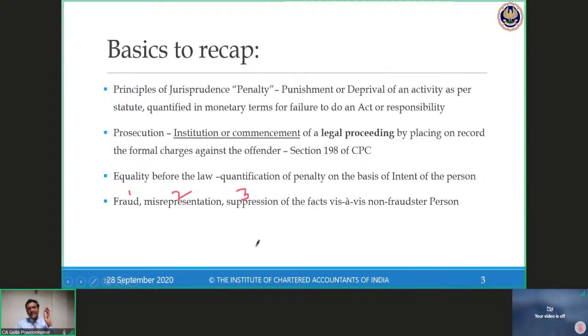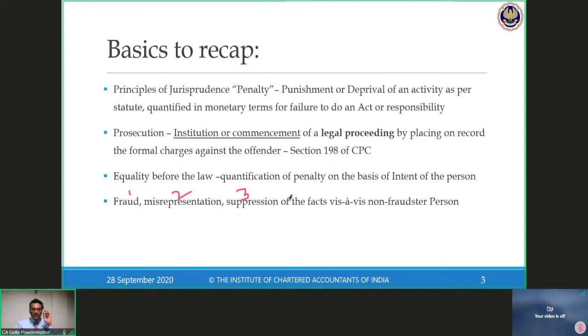Now, these three aspects are as good as Vajrayuda in the hands of a tax officer. Let me put it again: the term fraud, the term misrepresentation, the term suppression of facts. These three elements are used as Vajrayuda by the tax officer for invoking penal provisions.